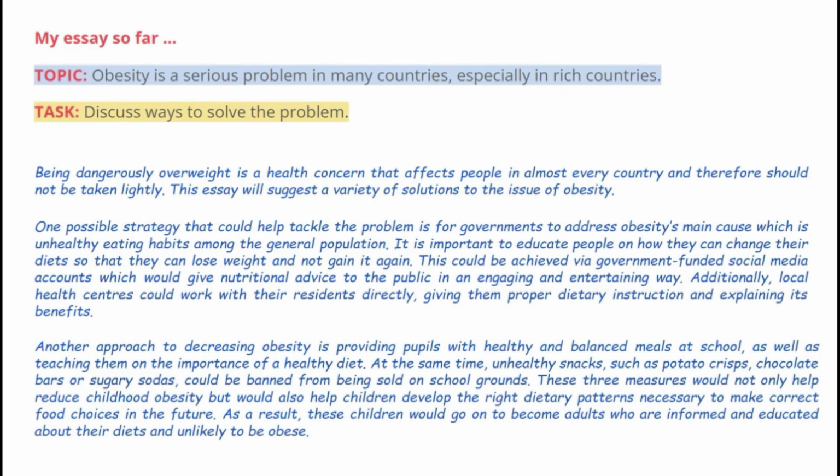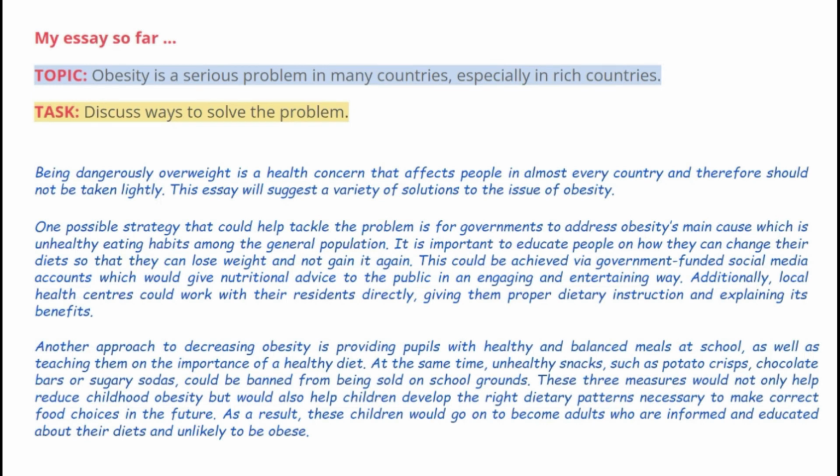Another approach to decreasing obesity is providing pupils with healthy and balanced meals at schools, as well as teaching them on the importance of a healthy diet. At the same time, unhealthy snacks such as potato crisps, chocolate bars, or sugary sodas could be banned from being sold on school grounds.